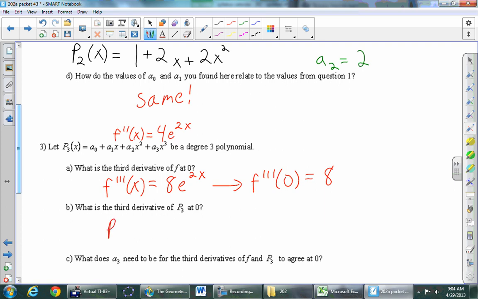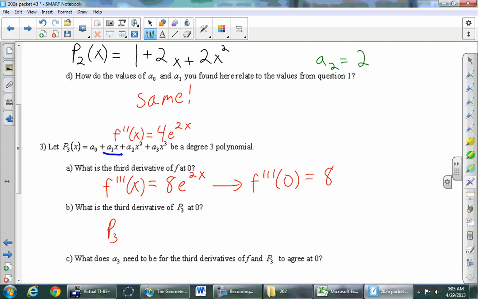Now we're going to come down here to p sub 3, and we're going to find the third derivative of p sub 3. How about we save ourselves a little bit of time and not start from the beginning? When you take the first derivative of p sub 3, what's going to happen to this term? It's going to disappear, so I'm going to ignore it. When I take the second derivative, the first derivative of this would have been just a sub 1. What would the second derivative be? 0.